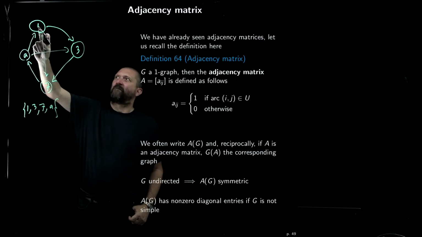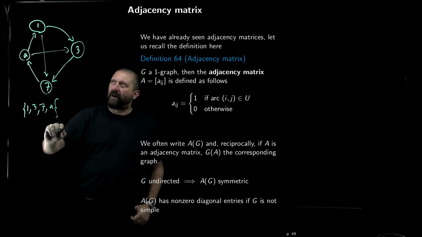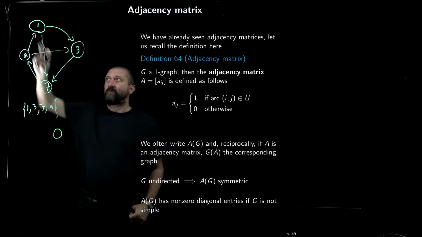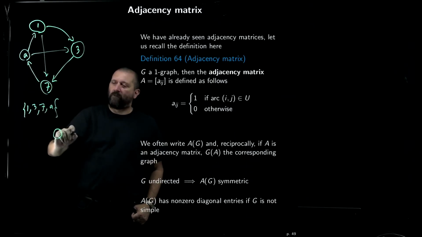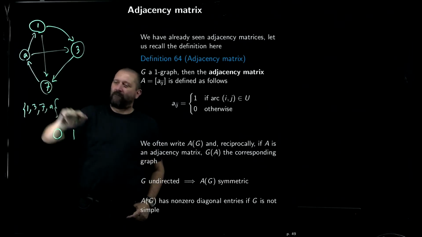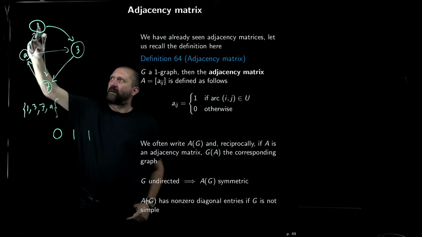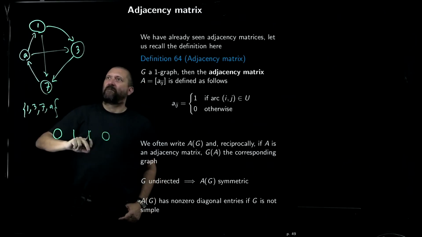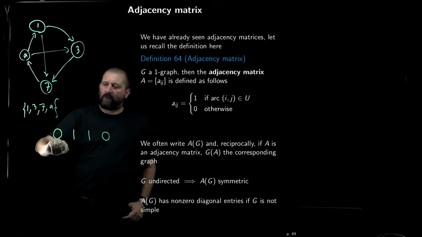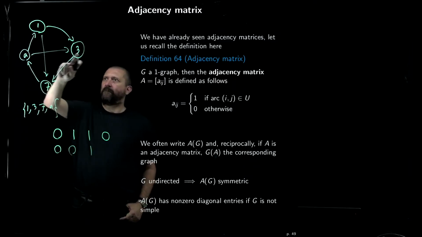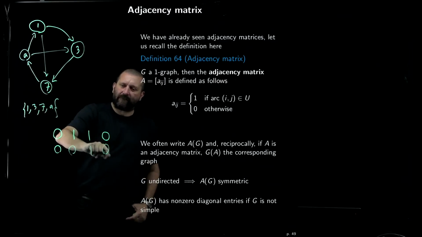Okay, so we saw an example earlier, but let me look at this graph. In this graph, for instance, I can go from 1 to 2, which is 3 here. I can go here, but I cannot go to the fourth one. From that second vertex, I cannot go here, I cannot go here, I can go here, and that is it.